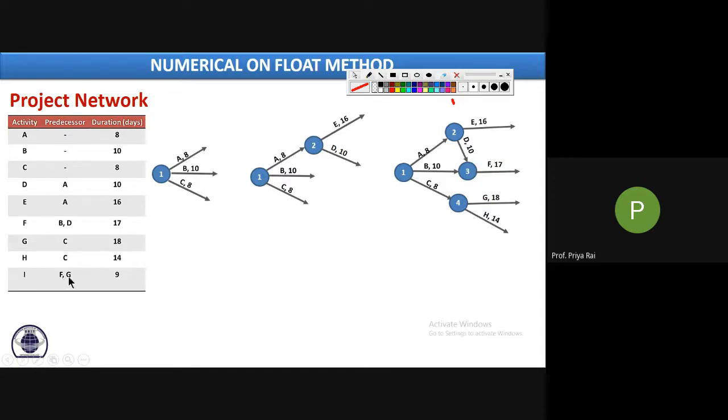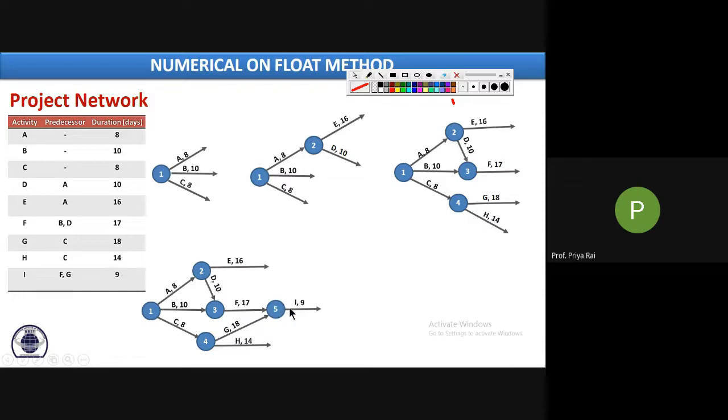When these two arrows meet together at a particular event, after that event this activity will start. See, your F is here, your G is here, so let us merge these two arrows. We are merging these two arrows, they both end in this event, and from this event your I activity starts.